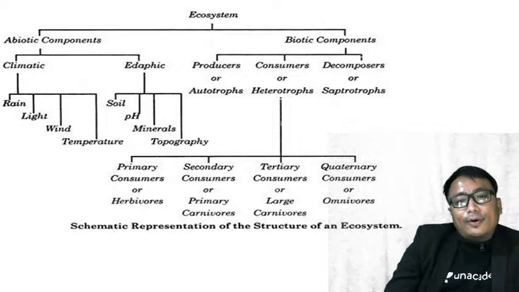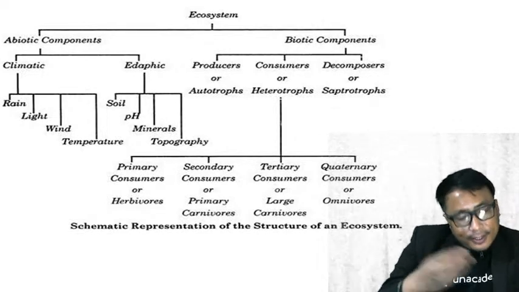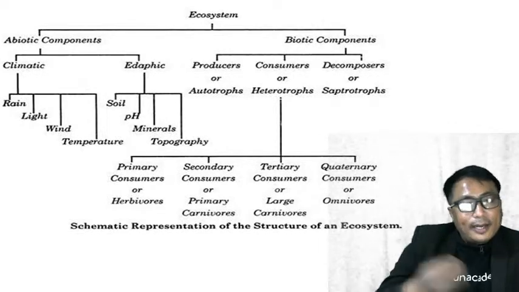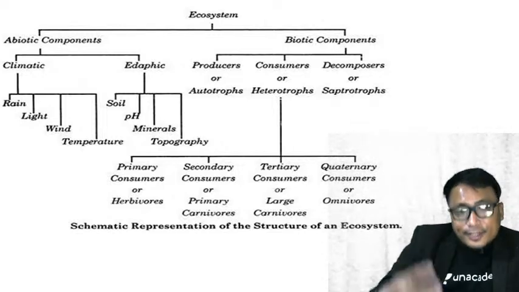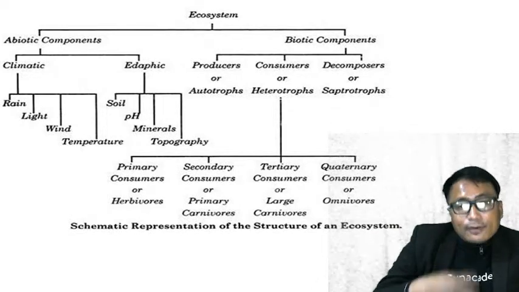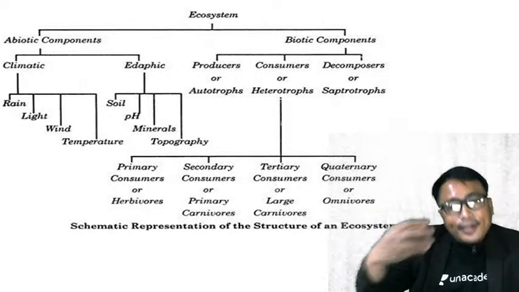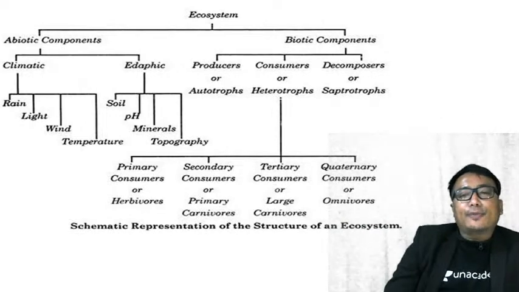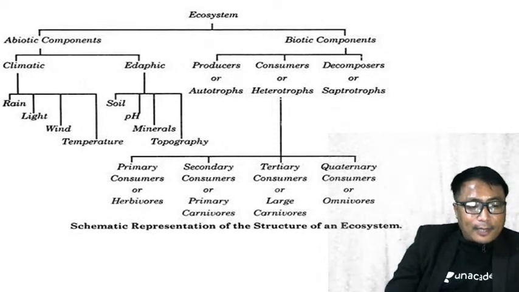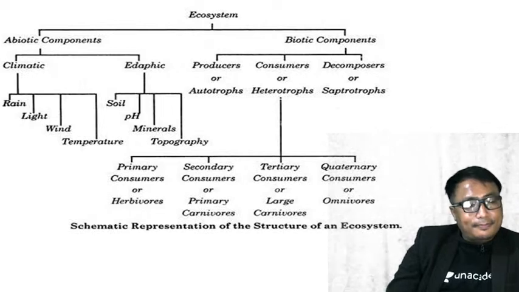Secondary consumers, or primary carnivores, feed on animals. Tertiary consumers can be large carnivores. Finally, the quaternary consumer can be an omnivore, that feeds on plants as well as other smaller animals. I hope that is clear. This is the structure of an ecosystem. Clear?